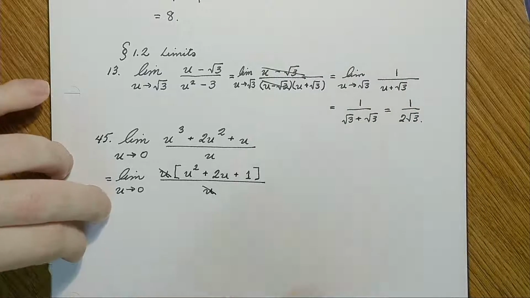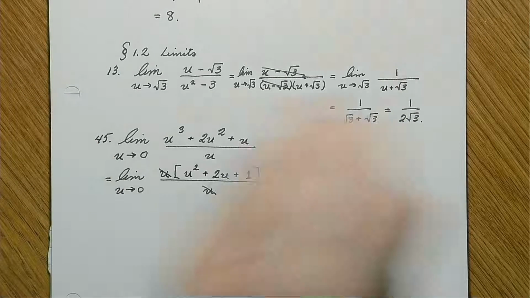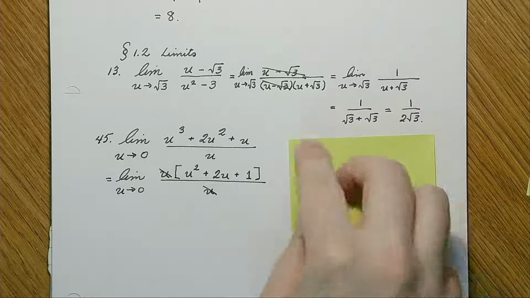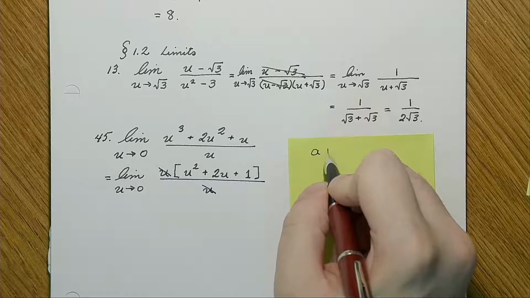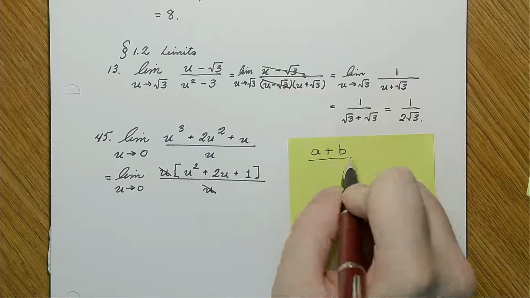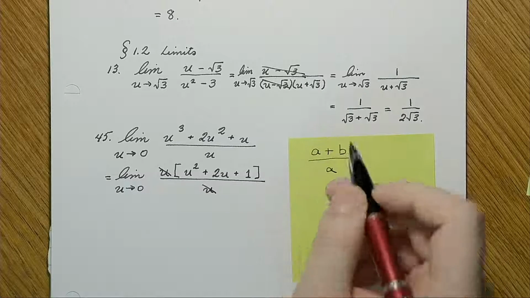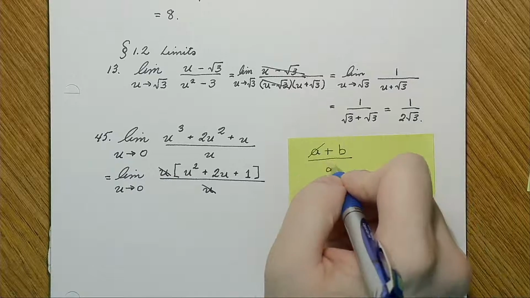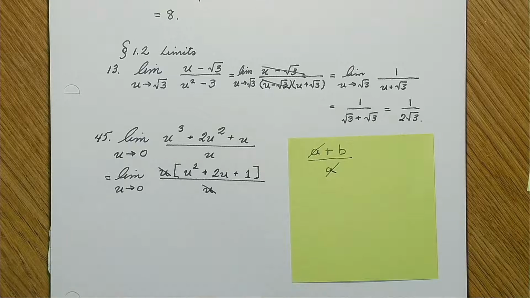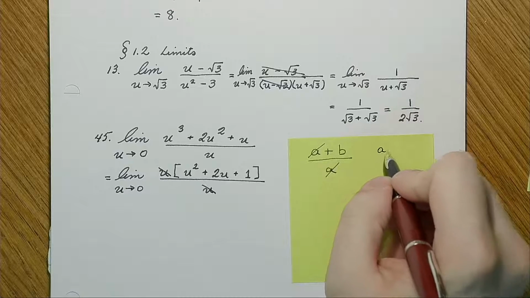But I see people do something like this, and this is not allowed. What's not allowed is if I had something like a plus b over a. Now I have an addition here. I see people do this, and you can't do that. You can only do this if it's multiplication.